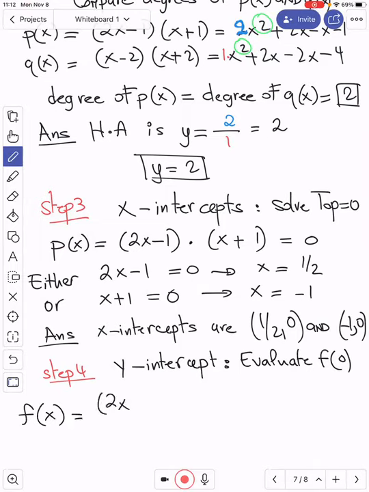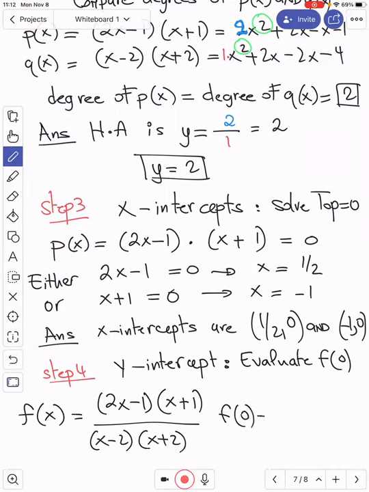My original function is 2x minus 1 times x plus 1 over x minus 2 times x plus 2. That's my function f. Now for the y-intercept, just plug in 0 for x: 2 times 0 minus 1 times 0 plus 1 over 0 minus 2 times 0 plus 2.